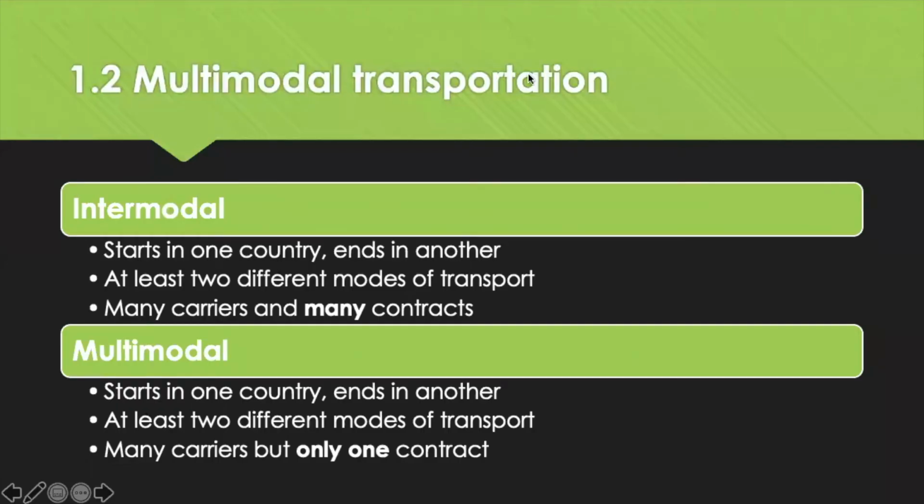Now, multimodal transport is the carriage of goods by at least two different modes of transport under a contract with one operator. Intermodal transport is where the independent contract of each of the transport carriers could be done. Essentially, multimodal transport will involve the shipping lines and the freight forwarders, and they can act as agents of the shipper.